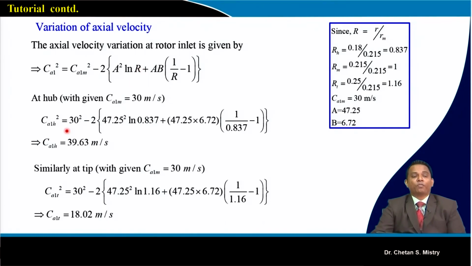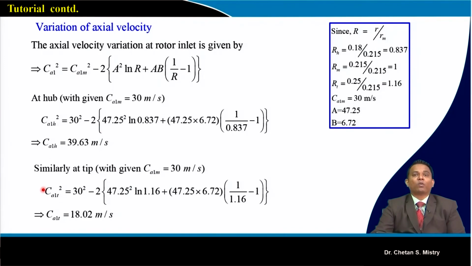If I am looking for my axial velocity at the entry near the hub, I put in these numbers: my CA1 at the mid station is 30 meter per second, A we have calculated as 47.25, B as 6.72, and R for the hub is RH by RM, which is 0.837. That gives me my axial velocity at the entry near the hub.